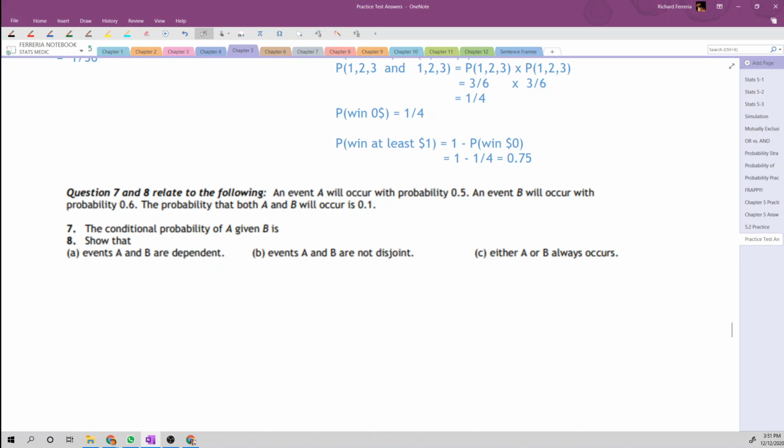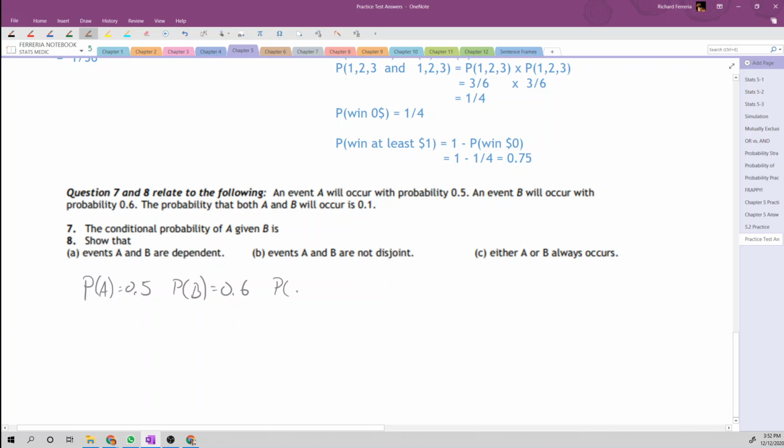For 7 and 8, the first thing we're going to need to do is find the conditional probability. Let's make sure we write this all down here. The probability of A is equal to 0.5. The probability of B is equal to 0.6.